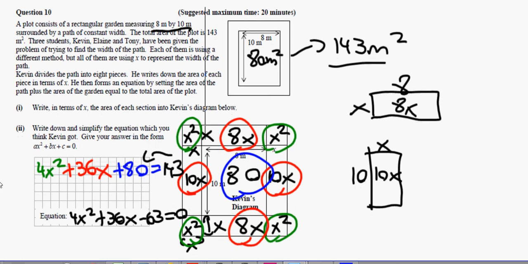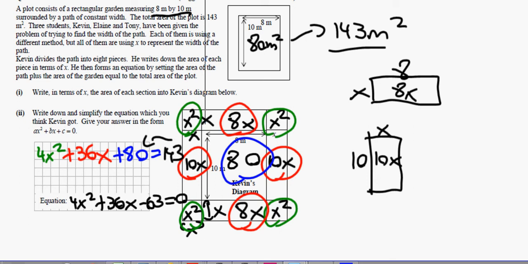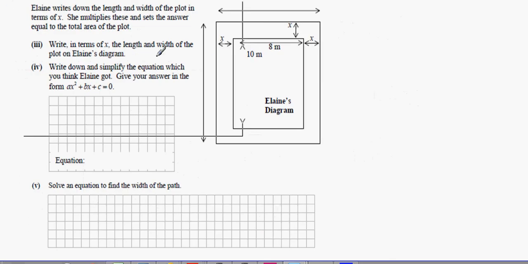Okay. Next one is Elaine writes down the length and width of the plot in terms of x. She multiplies these and sets the answer equal to the total area of the plot. So what we're going to get here is from this side to this side, it's going to be 8 from here to here, and x twice, so that's going to be 2x plus 8.